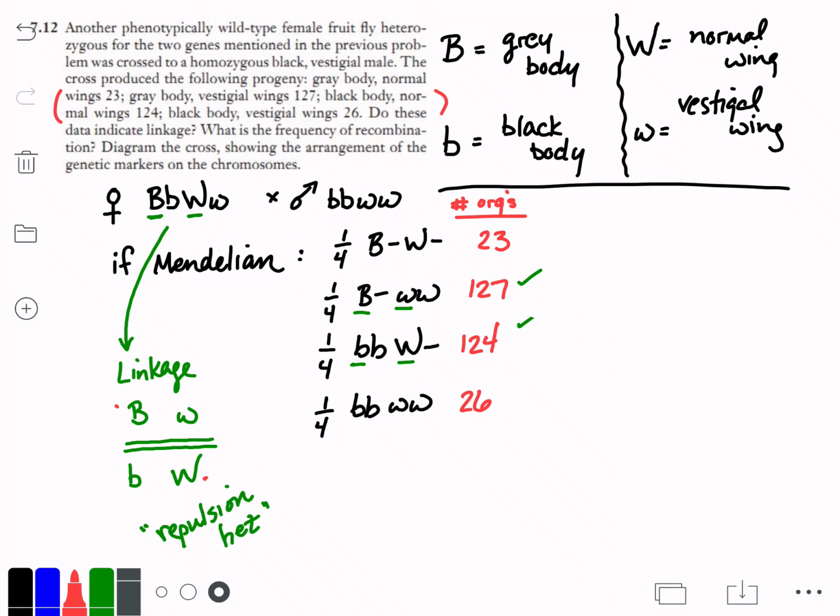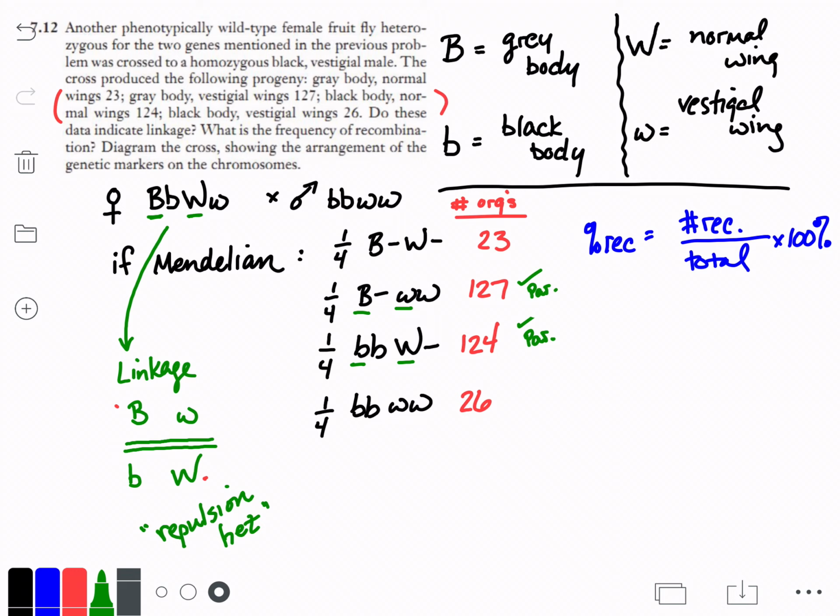Now they ask, do the data indicate linkage? Yes, because we don't have Mendelian ratios. What is the frequency of recombination? In order to calculate frequency of recombination, we're going to take our number of recombinant offspring out of the total, and then we can make it a percentage by multiplying by 100. So if the types that were indicated here in green were our parental types, that is, those combinations of traits matched our parent, then the other ones, the underrepresented ones, will be our recombinant types.